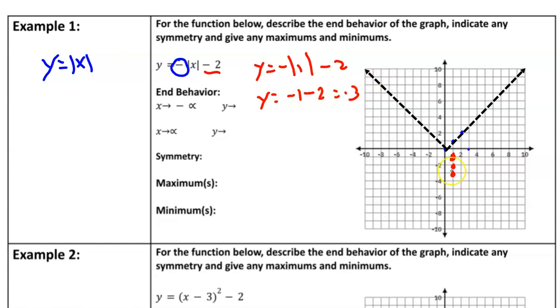That's -1, -3. So now I can draw my graph from those other points. I can reflect those other points and then move them down 2, and then draw my graph. So it looks like this. I'm going to do a solid so it doesn't look like the parent function.